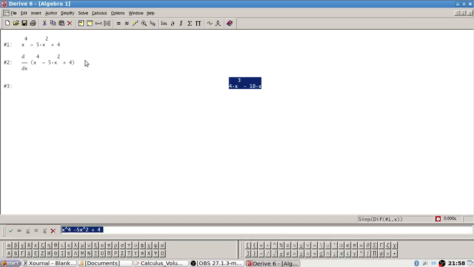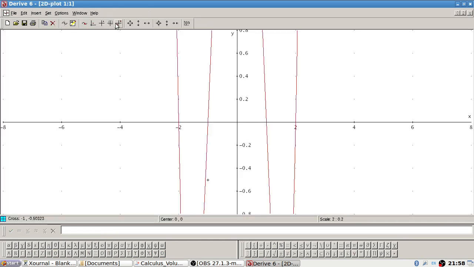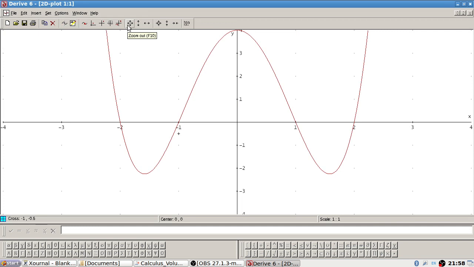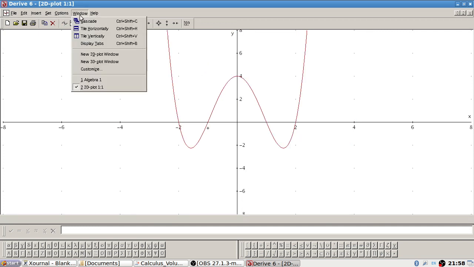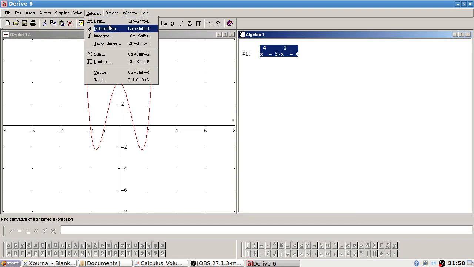Okay, oh well, let's not get the derivative yet. Let's graph it. Great. And then what do we want? The derivative.